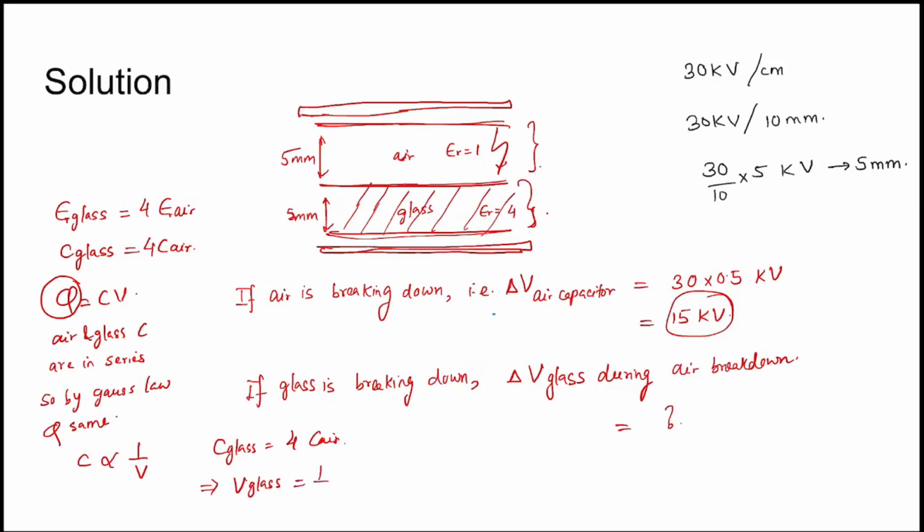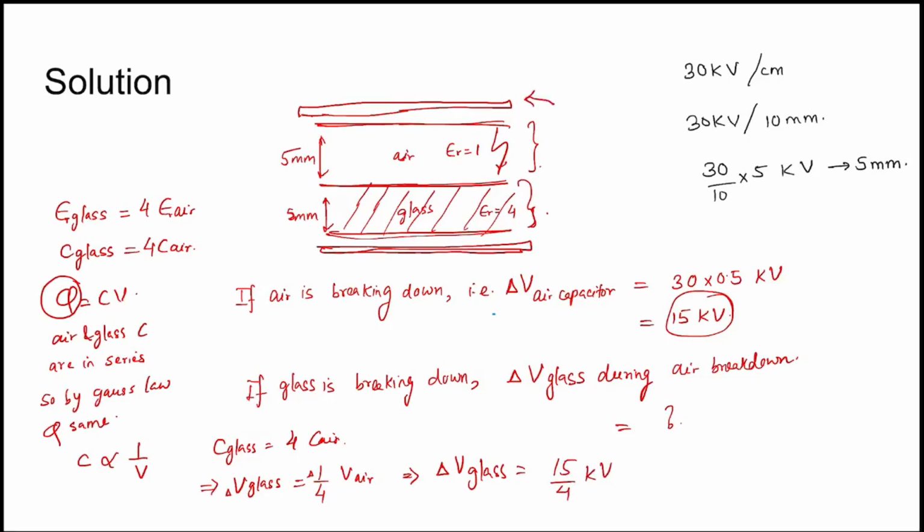Which implies that delta V glass is the voltage across the glass capacitor, and delta V air is the voltage across the air capacitor. So the air capacitor voltage difference is already 15 kV. So at that instant the voltage across the glass capacitor is 15 by 4 kV.